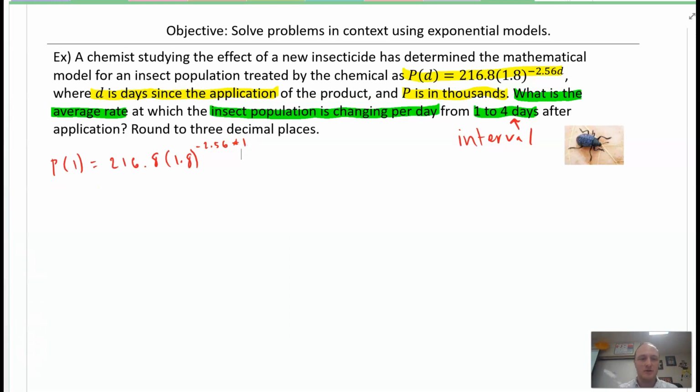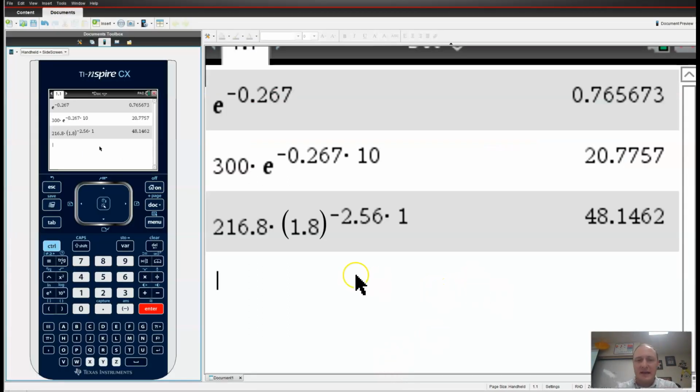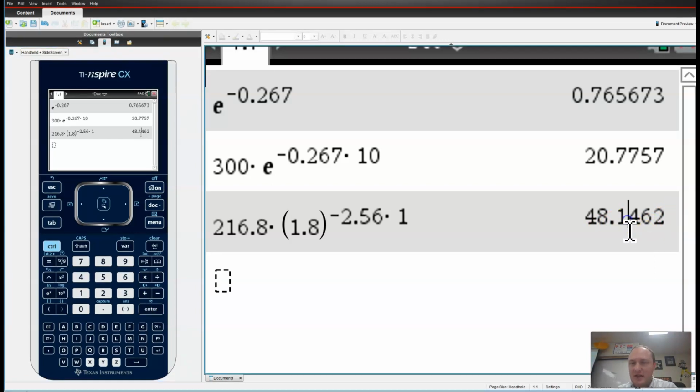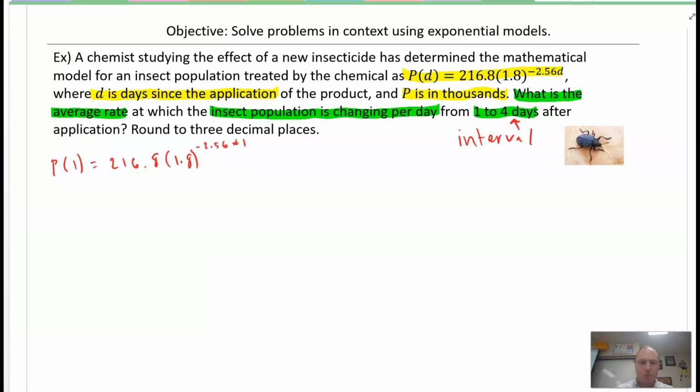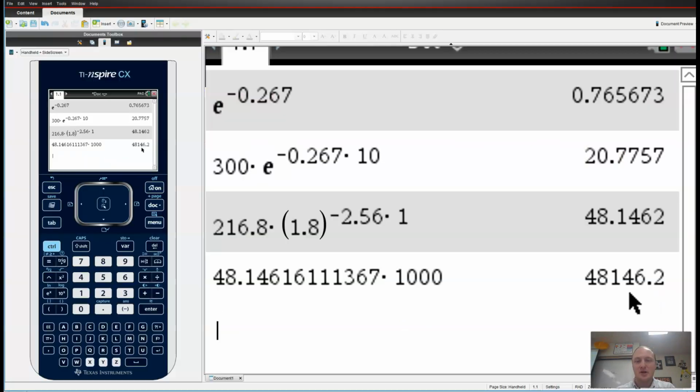Okay, so let me cruise on over to the calculator. Okay, and here is our function evaluated, and we get 48.1462. Now, it's important to note that the insects here, this is in thousands. So I really want to take this value and multiply by 1,000. So I get 48,146.2. Now, I have a problem here. They want us to round to 3 decimals or more.